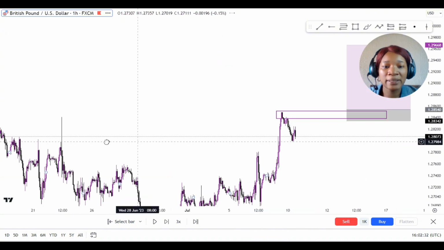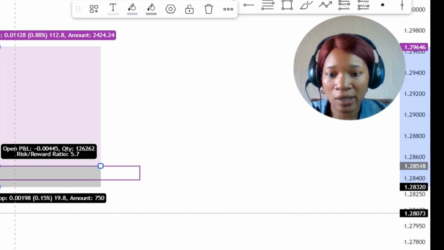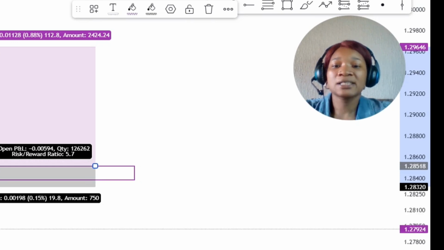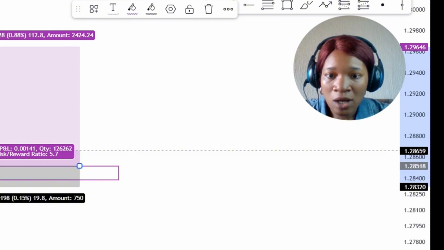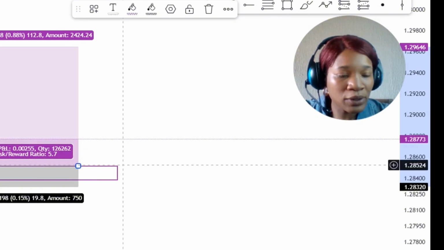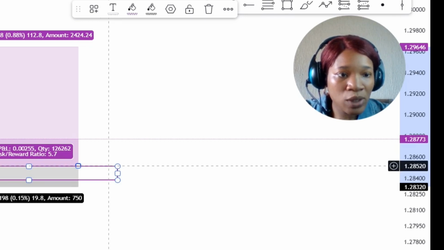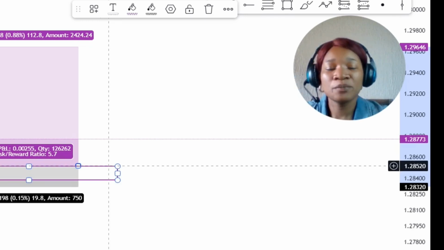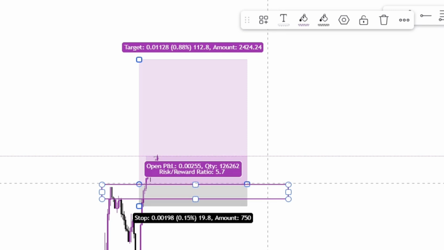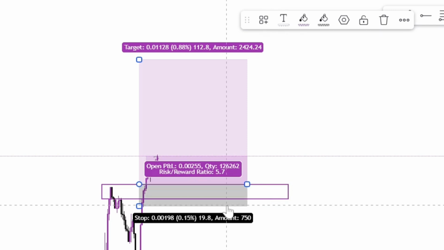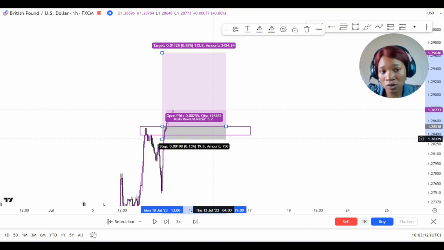So I'm basically telling my broker, once price gets to this point, I'm reading from here, 1.2850, take me in on this trade, put me in this trade, I want to be in this trade. Now while in the trade, if for whatever reason price reverses and comes back to hit my stop loss here, take me out of this trade. I don't want to lose more than I have already lost.